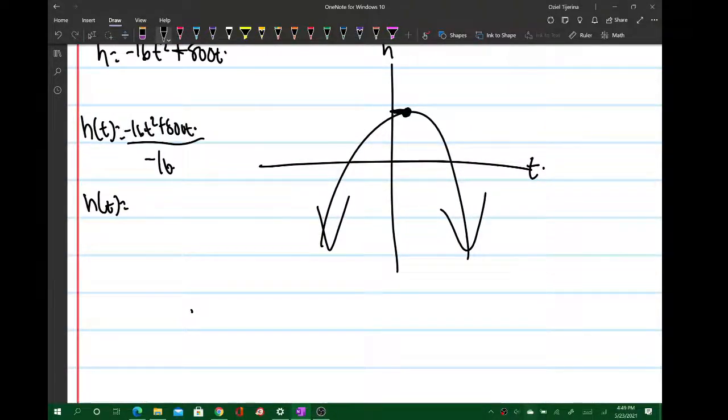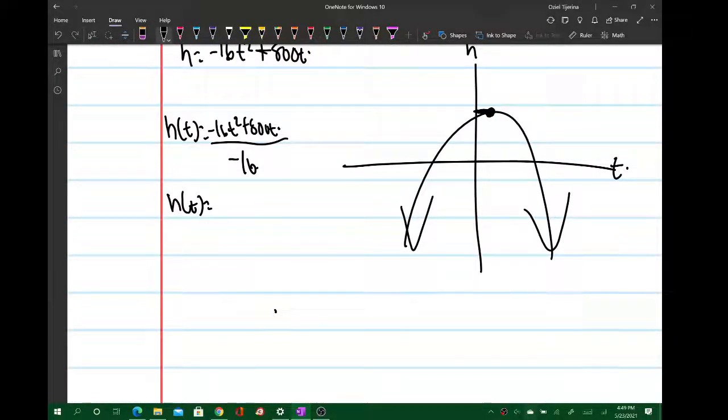Obviously this is of the form ax squared plus bx plus c, where b is positive 800, right? And a is negative 16, so it would be 800 over 2 times negative 16, and it's just really big numbers, so you don't want to do that.